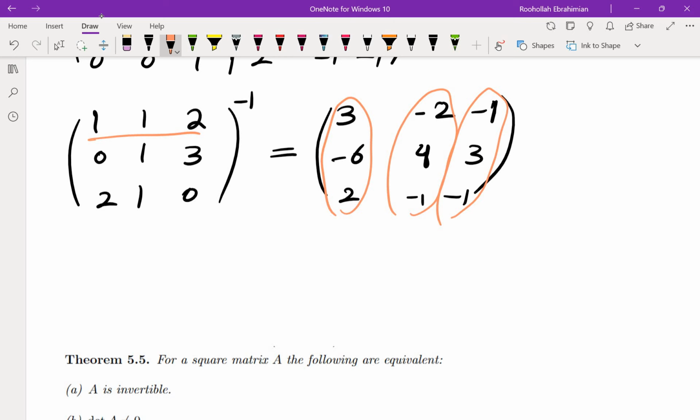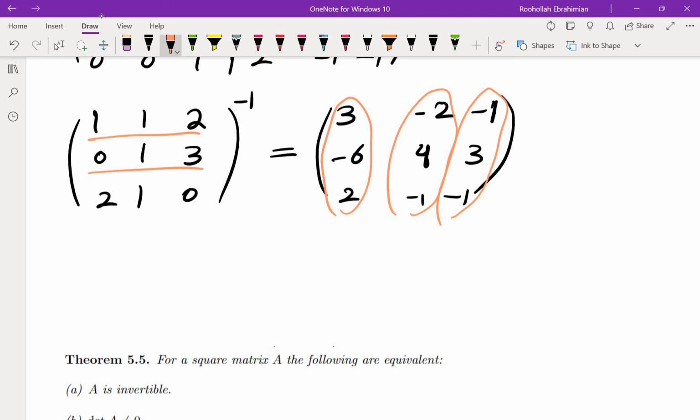Second row times the first column gives us negative 6 plus 6, which is 0. Second row times the second column gives us 0 plus 4 minus 3, which is 1, which is what we want. Second row times the last column, dot product becomes 0 3 negative 3, which is 0, which is what we want.